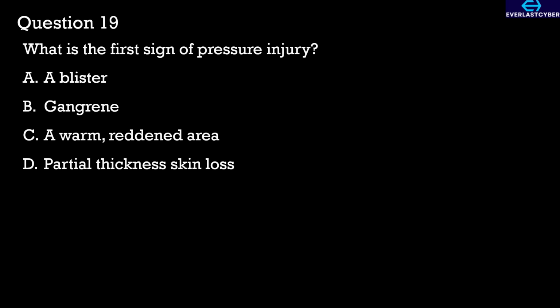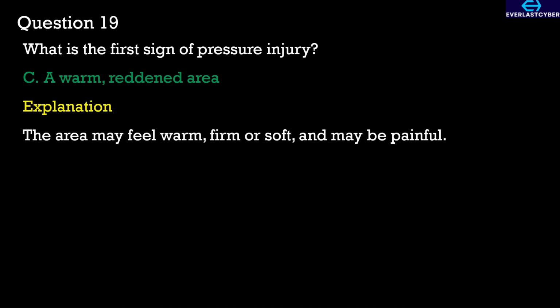In option D, partial thickness skin loss is usually stage 2, so it is not the first sign. Our answer here is option C. The area may feel warm, firm, or soft, and it may be painful. So this is the earliest warning sign of pressure injury.